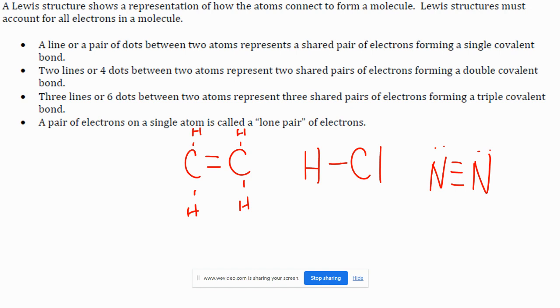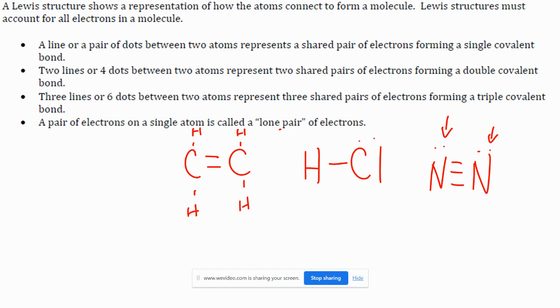A pair of electrons on a single atom is called a lone pair of electrons, and I have that represented right here and here. When you're building these, you want to make sure that hydrogen only needs 2, but everything except hydrogen has 8 electrons on it. So when you're done, go back and count. 2, 4, 6, 8. 2, 4, 6, 8.